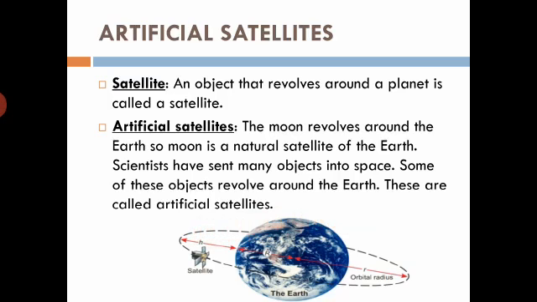Most of the artificial satellites orbiting around the Earth are used for communication purposes. Artificial satellites carry instruments or passengers to perform experiments in space. A large number of artificial satellites have been launched in different orbits around the Earth.